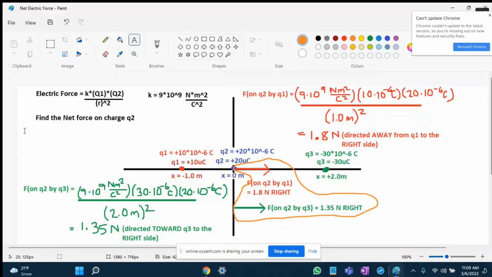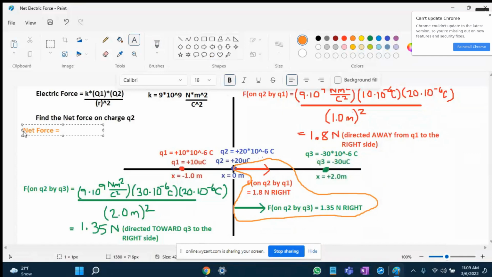Now, since the two force vectors are directed in the same direction, to the right side, we can simply add their values. So net force would be 1.8 newtons plus 1.35 newtons. And that would be 3.15 newtons to the right.